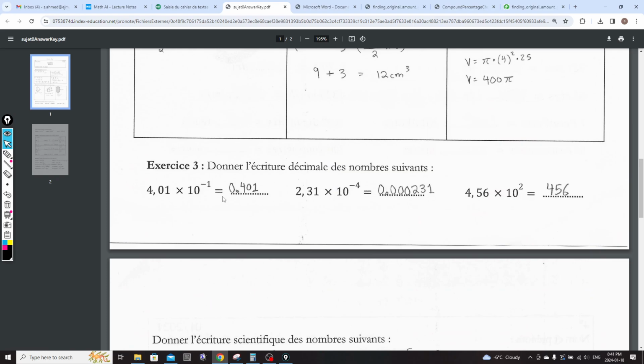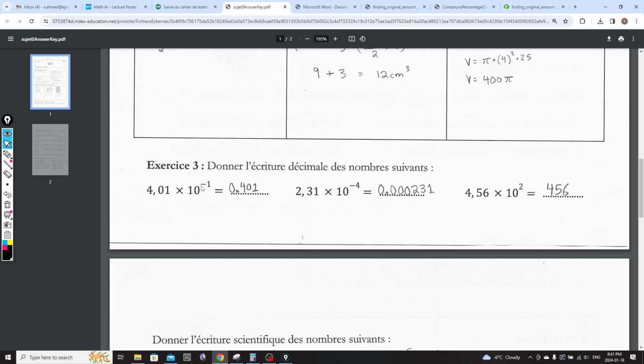Now here they're asking you to express these using scientific notation. Oh, sorry, my apologies. They're actually already in scientific notation, so they just want you to express them in decimal form. So here what you've got is 4.01 times 10 to the negative 1. Now when you've got a negative exponent like this, that tells you how many times this decimal has to move to the left, right?